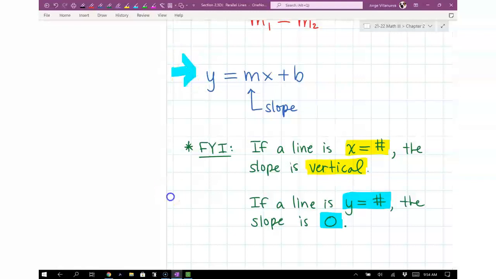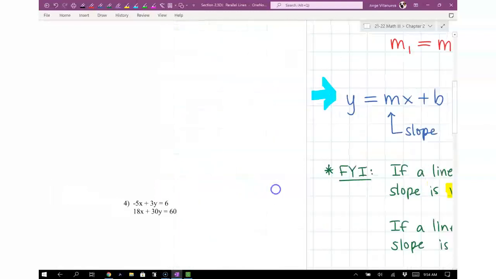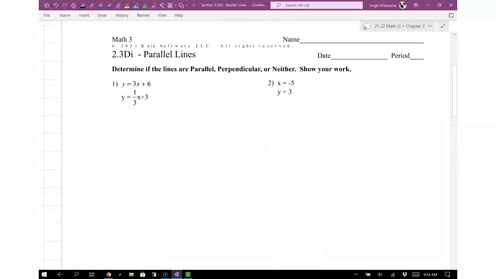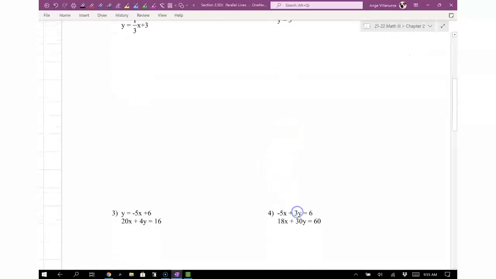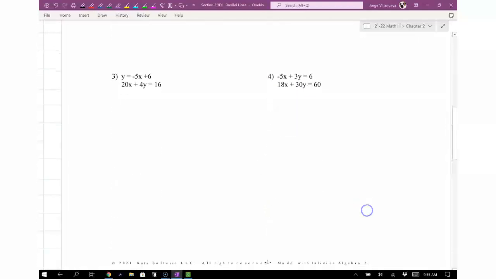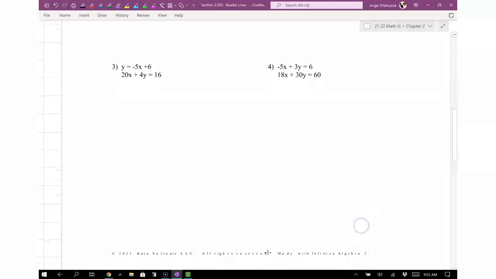So let me show you some examples for this. Actually, I don't want to do one because one's already set up for you. I want to do stuff that's not set up. So let's start off with 3, and then we'll do something similar to 4, because I don't want to do all the questions on the homework.